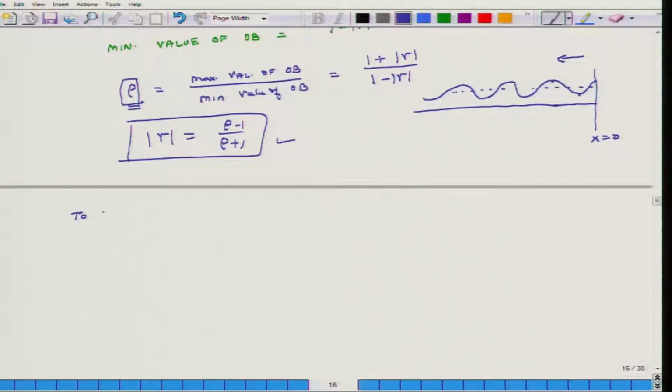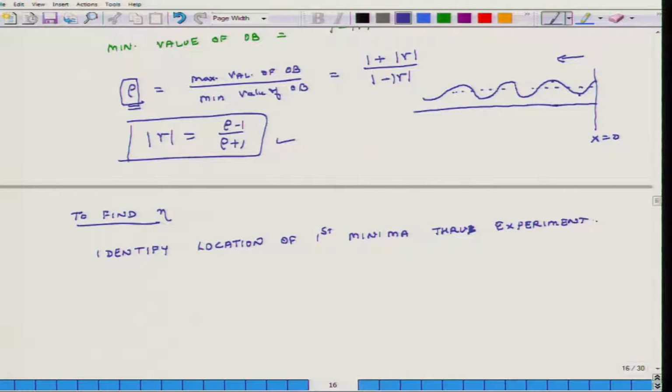So, the next thing is that now I have to find the value of eta. To find eta, we again do the experiment. We identify the location of the first minima through experiment.